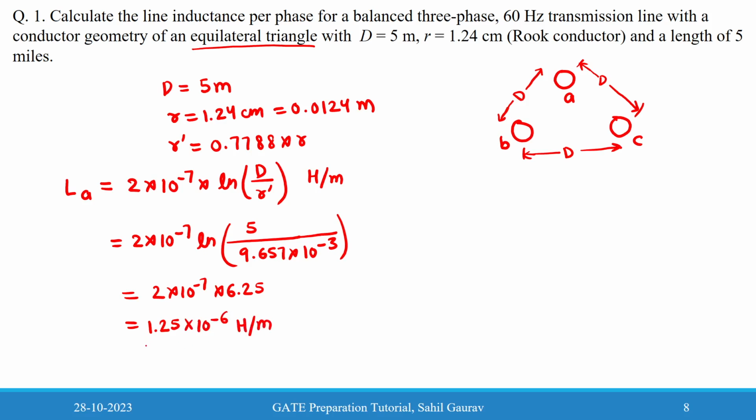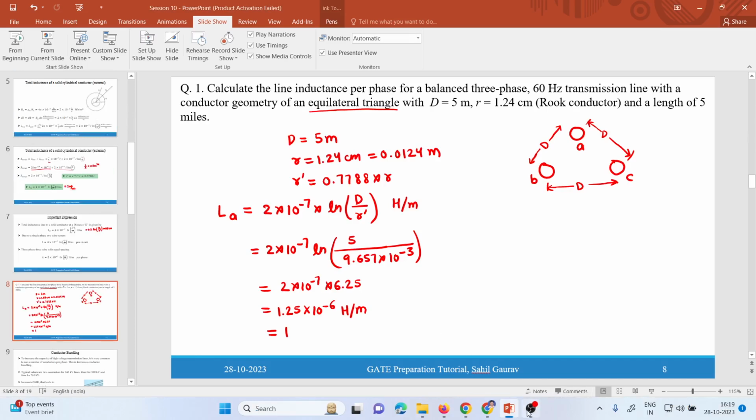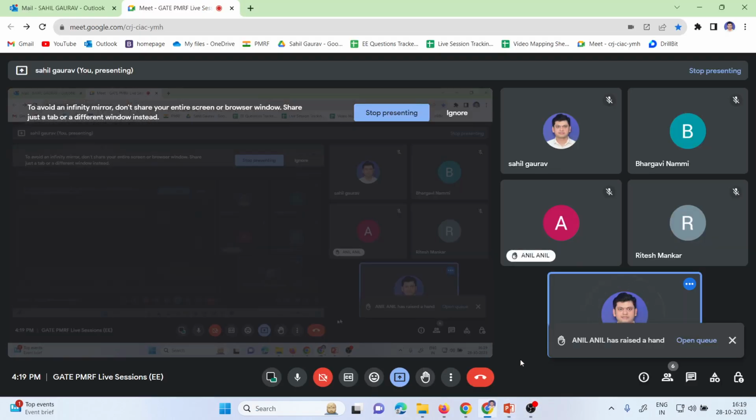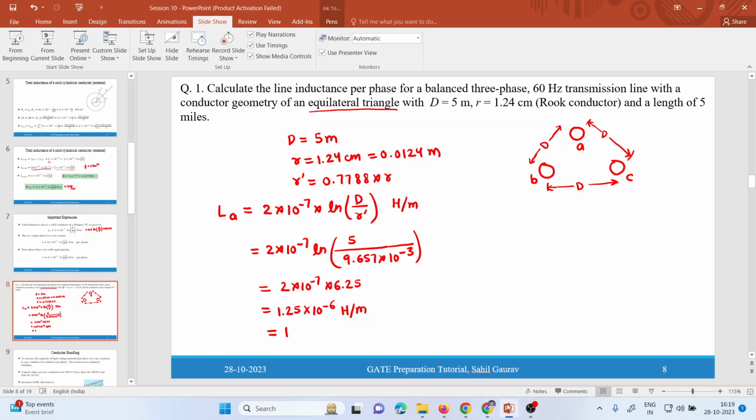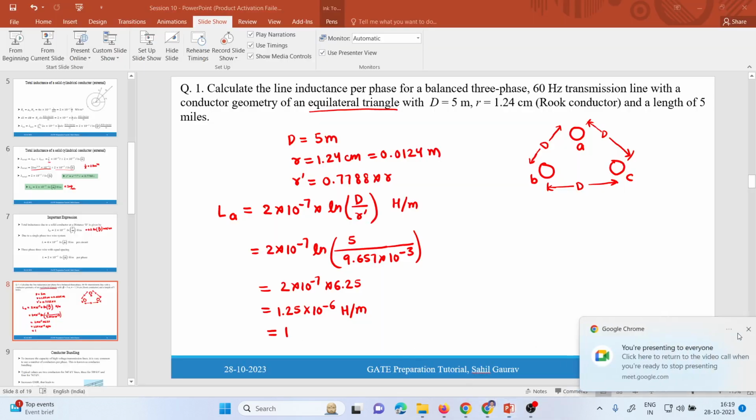So if you write it in millihenry per kilometer, then what will come? Can anyone tell? Anil, Vargavi, Ritesh. If you want to write this answer in millihenry per kilometer, how can we write?